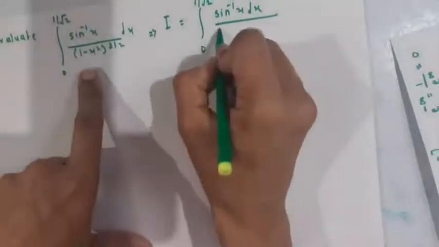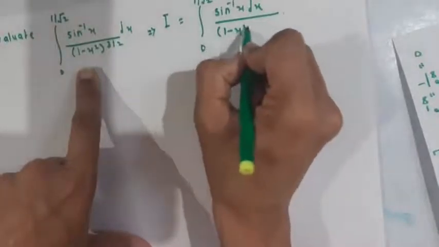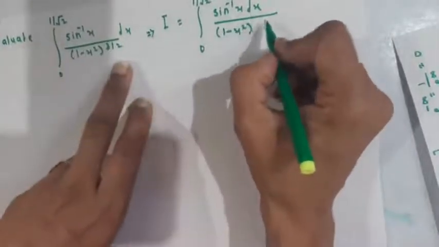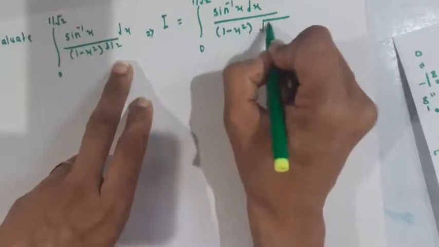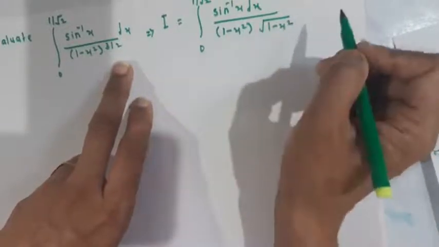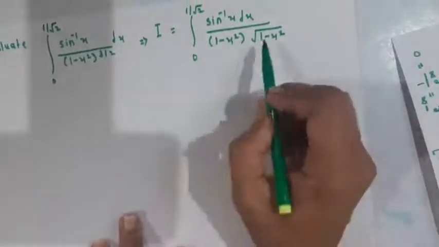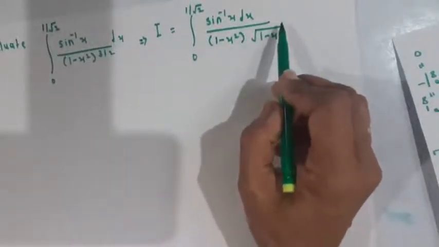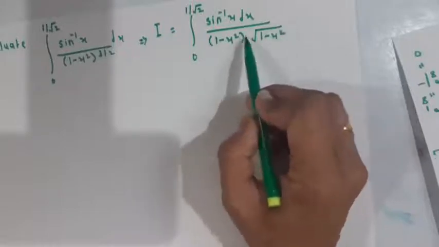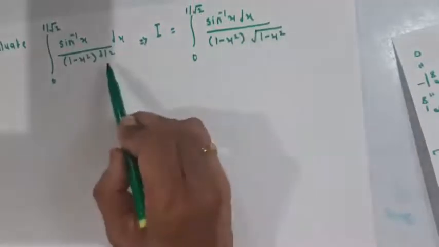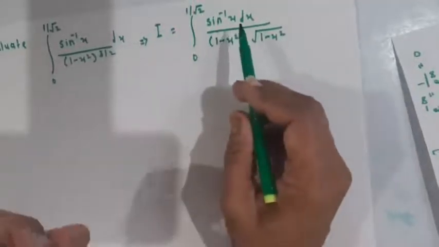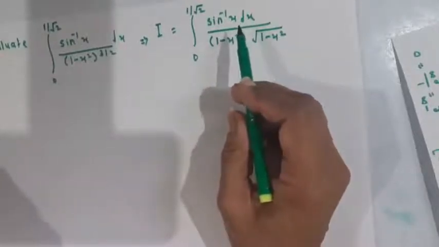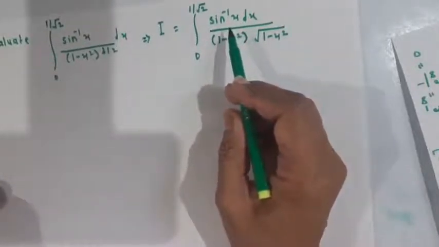We can write this as (1 minus x square) into square root of 1 minus x square. Here square root of 1 minus x square means (1 minus x square) raised to half. This raised to half and this raised to 1 means total raised to 3 by 2. Now we can directly simplify the problem by using the substitution method.